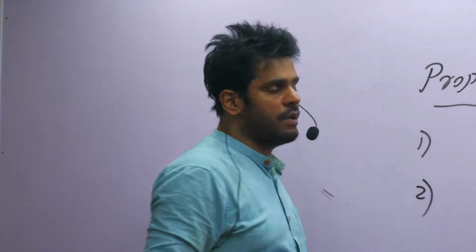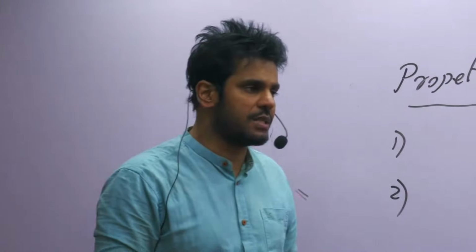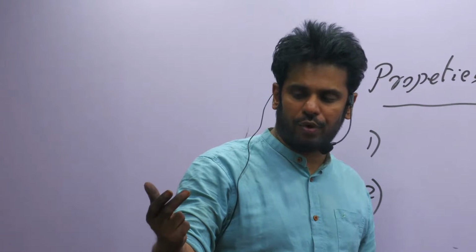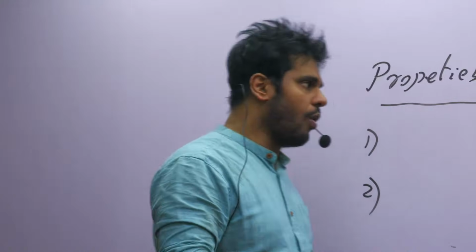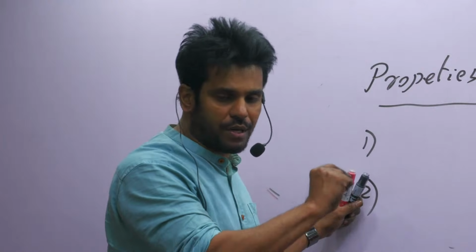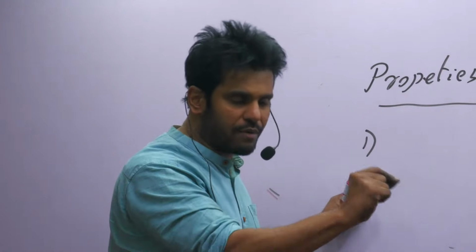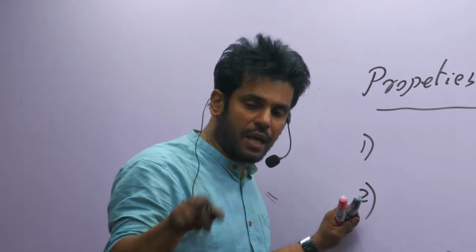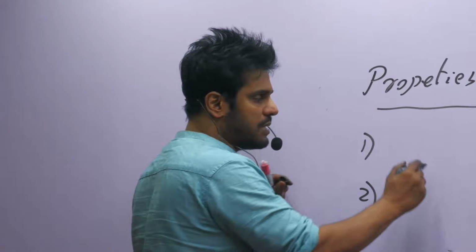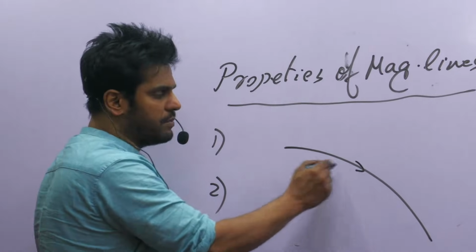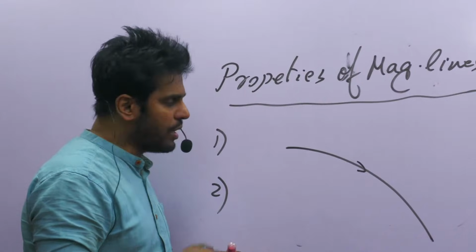Next one. Generally, these are the common characteristics of field lines: electric lines, magnetic lines, gravitational lines. If you want to find the direction of the magnetic field, electric field or gravitational field, it is given by the tangent at the necessary point. For example, assume this is the direction of a magnetic line.